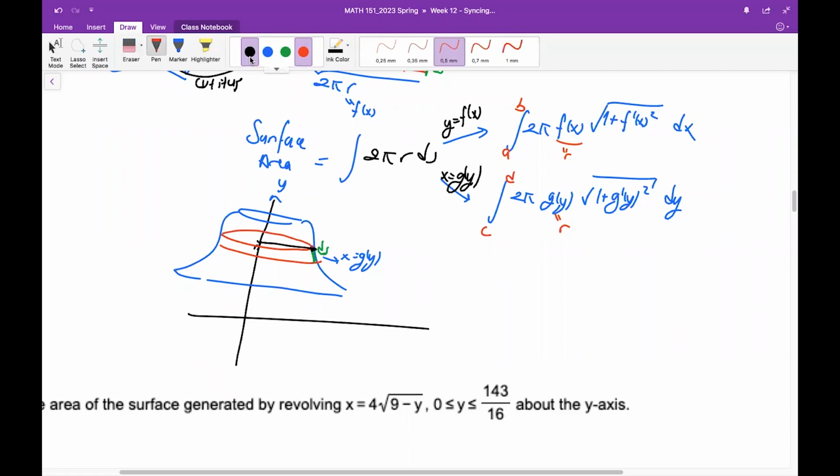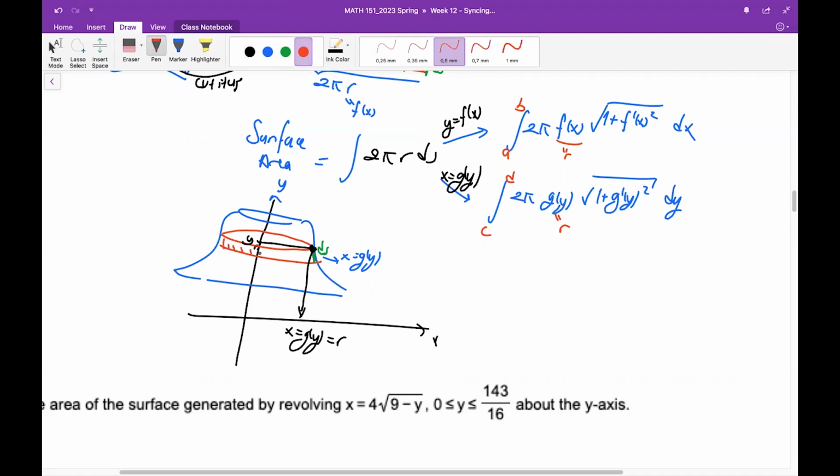For some arbitrary y on the y-axis, the radius is just the exit point here, right? And that point comes directly from your curve, which is given by g of y. That's why we put g of y for the radius in the second case, okay?